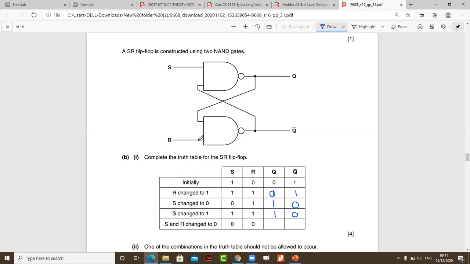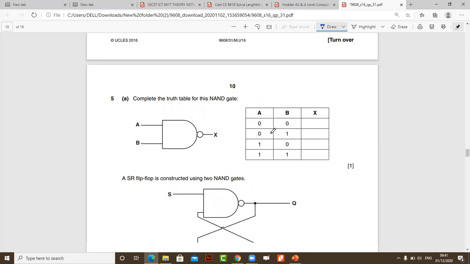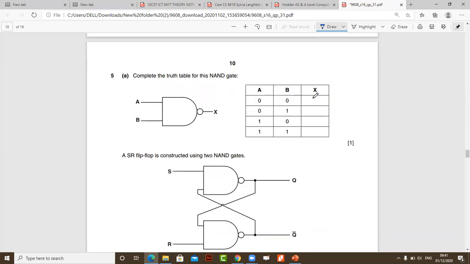Sir, 1 and 0. आपके जो NAND गेट है उसमें बेसिकली when both are 1 then it's 0 ना. When both are 1 it's 0 and when any one of it is 1 it's 1. यही होता है ना NAND गेट में. दोबारा recall करो. जब भी आपका 0 0 होगा this will be 1, this will be 1, this will be 1 and this will be 0. ये NAND गेट में होता है.